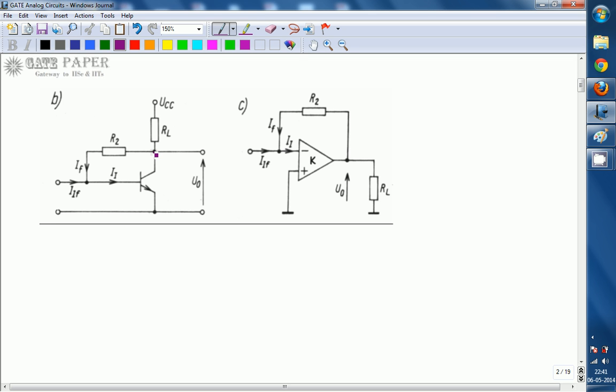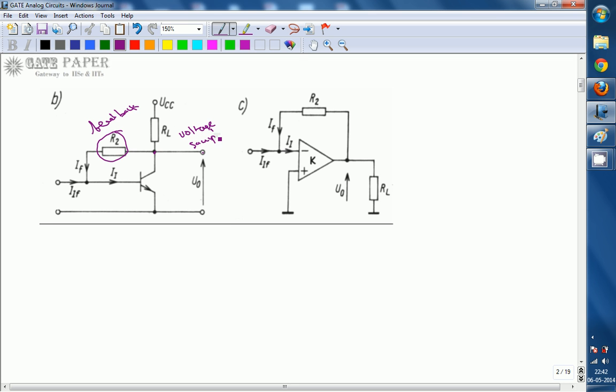So at the sampling side, this is going to be treated as the feedback element. So the feedback element is going to be at the output node. This is the output node, and the feedback element and output are going to be at the same potential, that is nothing but voltage sample.